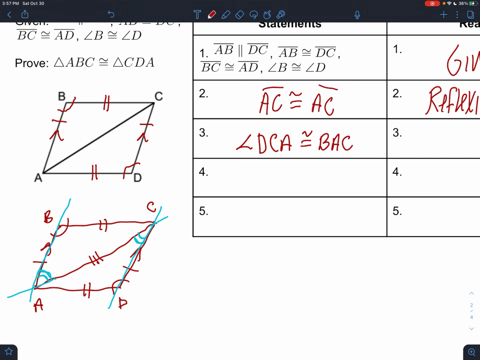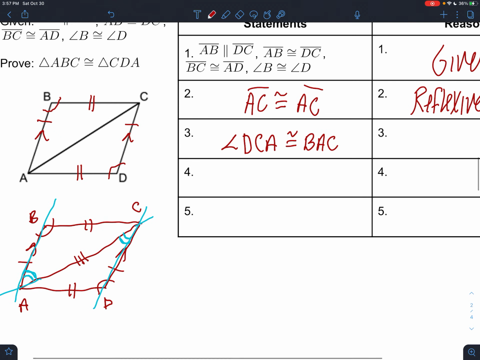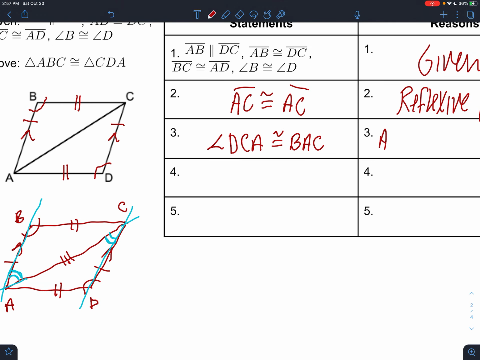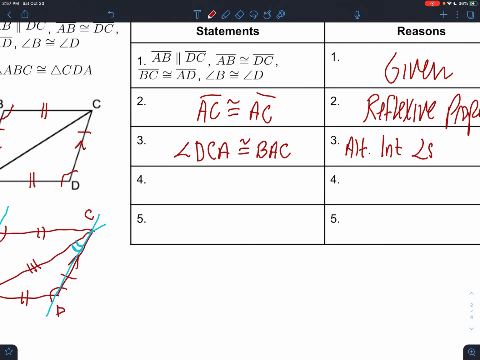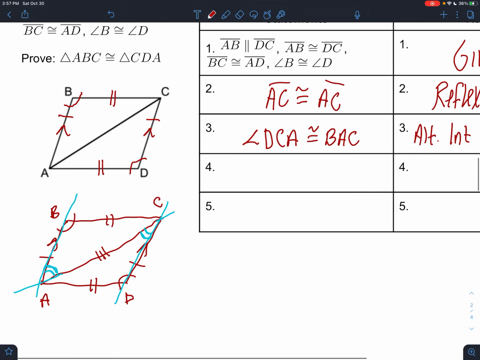Just try your best to label those angles. Don't worry too much about labeling them in order. But those two angles are equal. Why? Because they are alternate interior angles. We have parallel lines, so we should always expect to use those angle pairs.